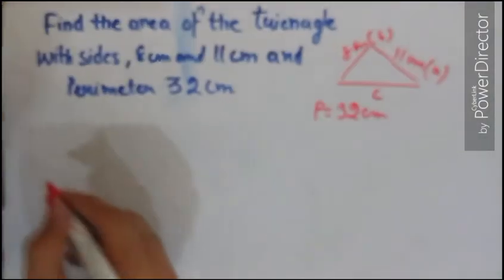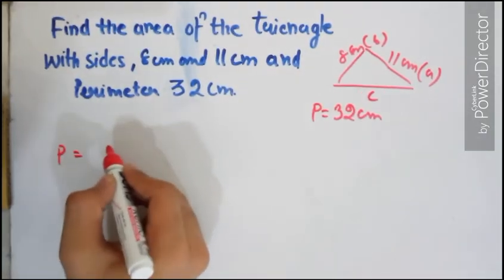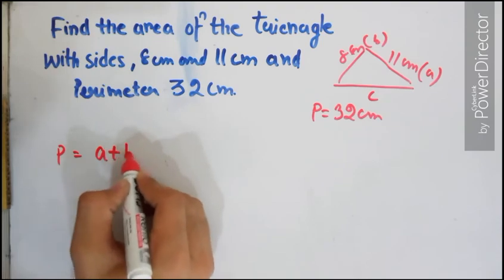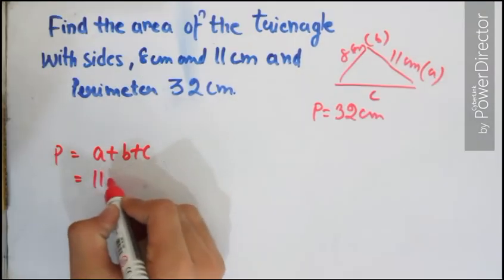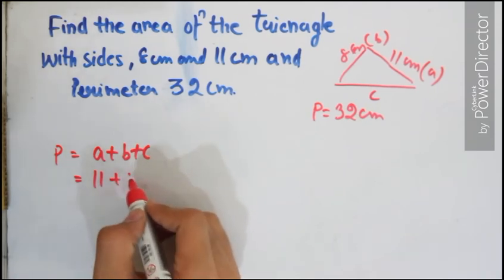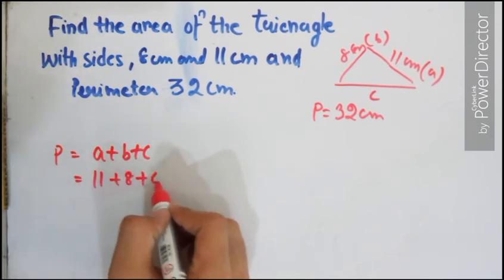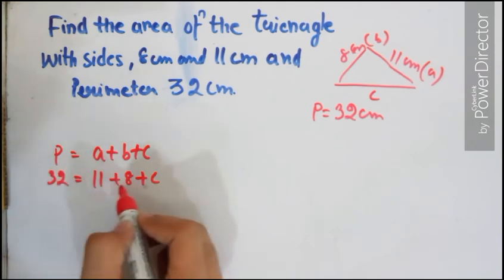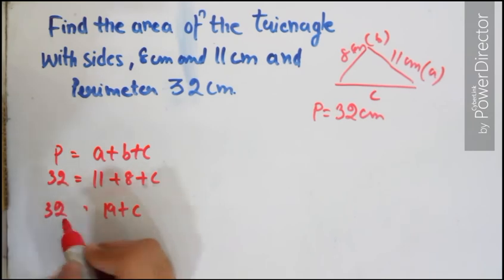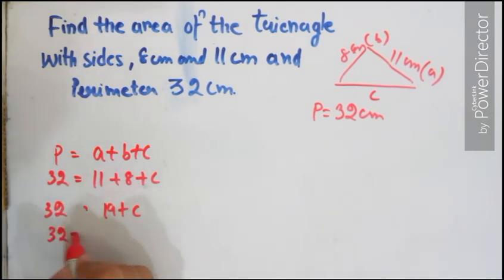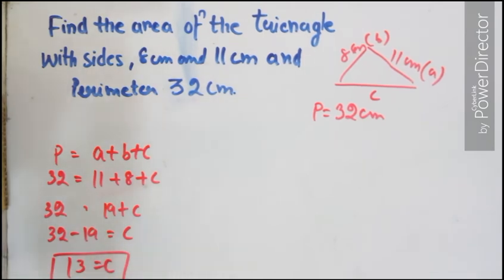We know that perimeter is equal to the sum of three sides, that is A plus B plus C, and this is equal to 11 plus 8 plus C is equal to 32. 11 plus 8 is equal to 19, plus C is 32, so we subtract 19 from 32 and get the value of C, that is equal to 13.